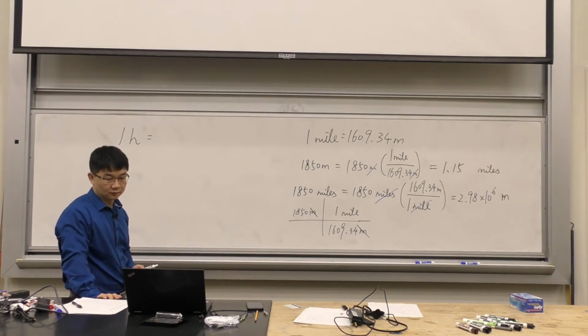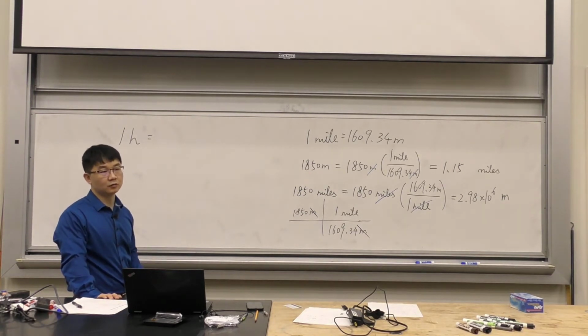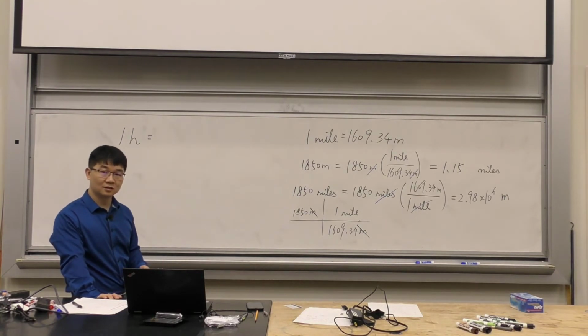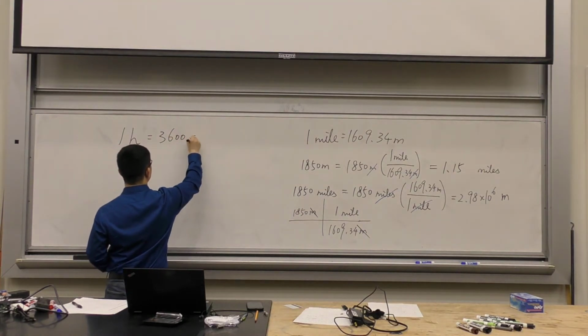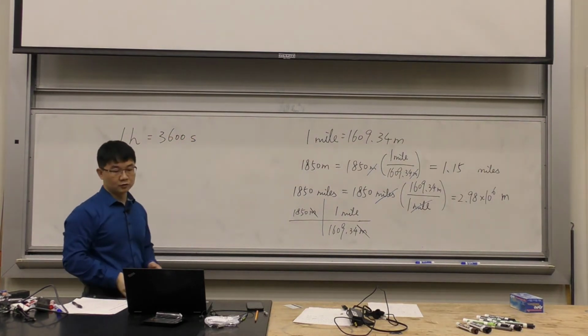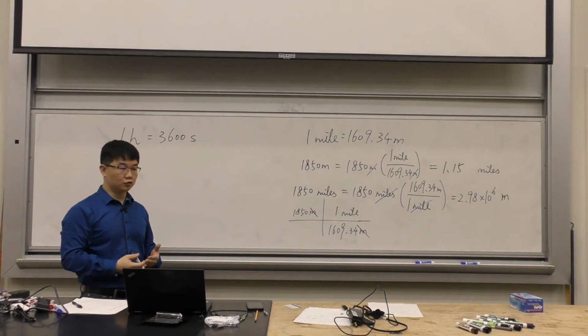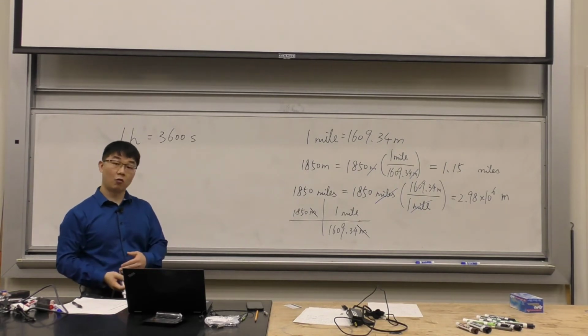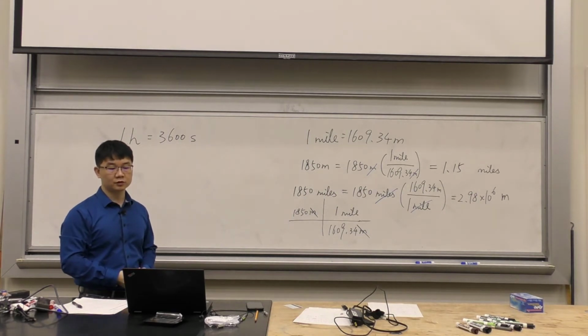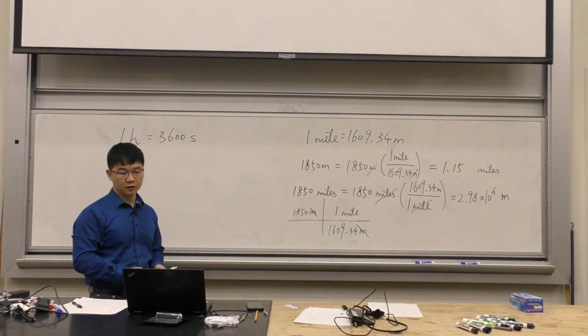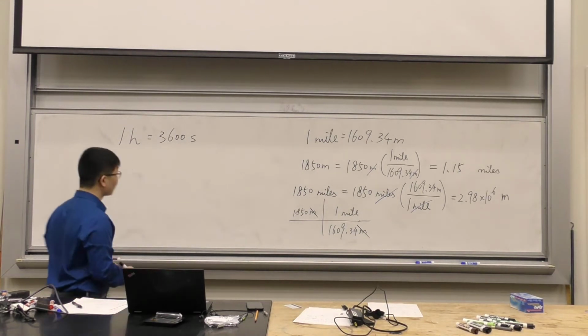So 1 hour equals 60 minutes, and each minute equals 60 seconds, so at the end you will get 3,600 seconds. Once you have this conversion, you should be able to go from seconds to hours or hours to seconds. Say in this question, I want to convert 45 seconds to hours. So what is the answer?